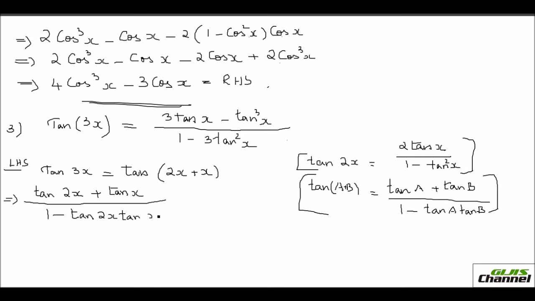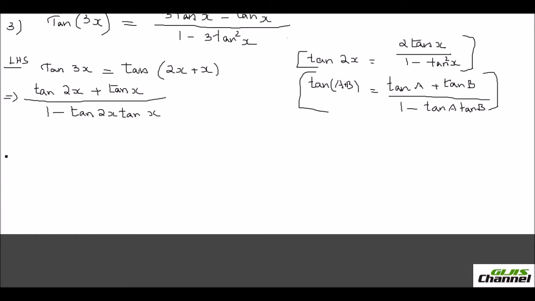Okay. Now I'm going to use the tan 2x formula here because I have tan 2x here, right? So my tan 2x I'm going to replace with the formula 2 tan x. Tan 2x is 2 tan x over 1 minus tan square x, plus you have the tan x there, right?